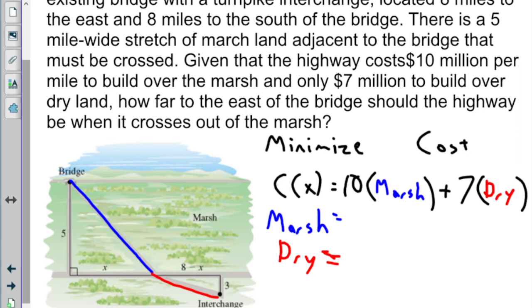What we'll eventually end up with here is one big ugly equation, but everything's in terms of x. And so from that point, we'd be able to take the derivative, set it equal to 0, and put it in our calculator and go from there. Because remember, you would get a calculator on these questions.